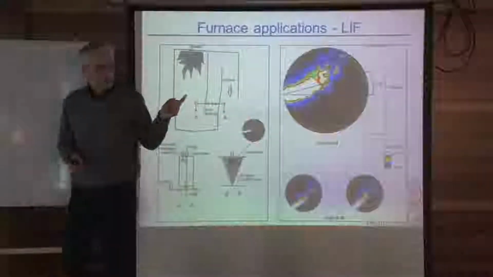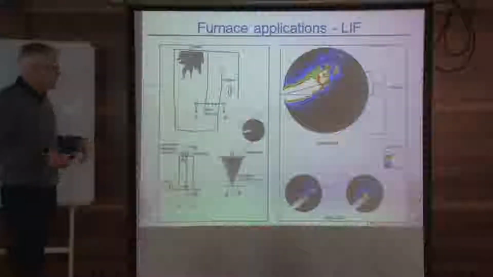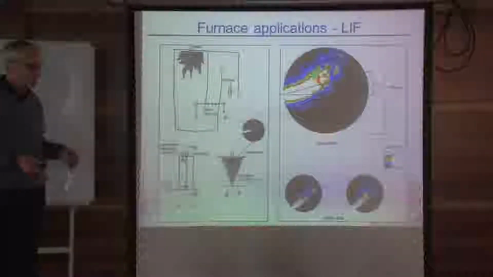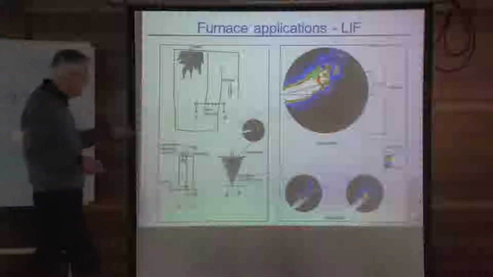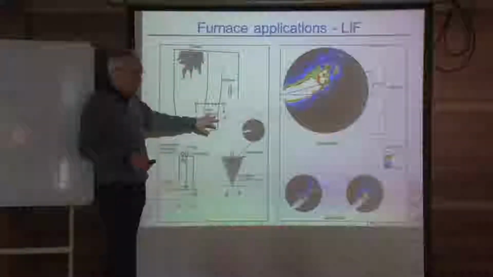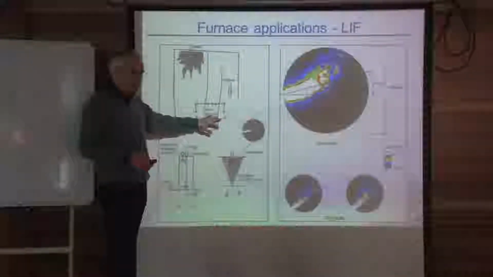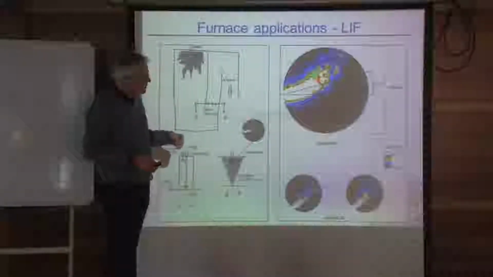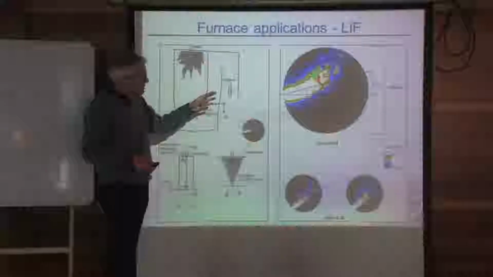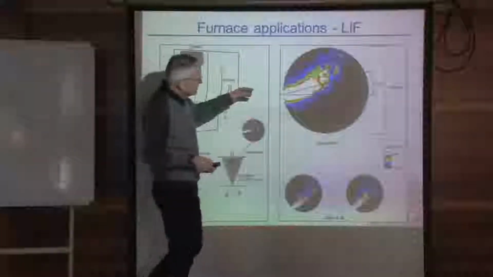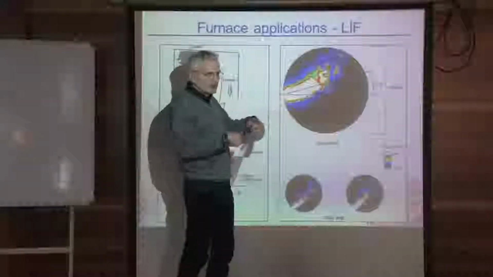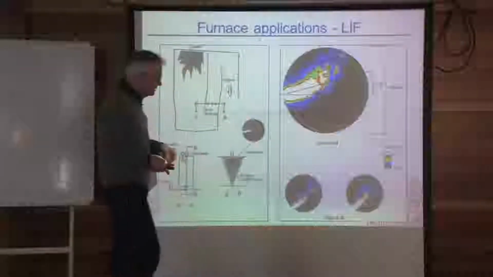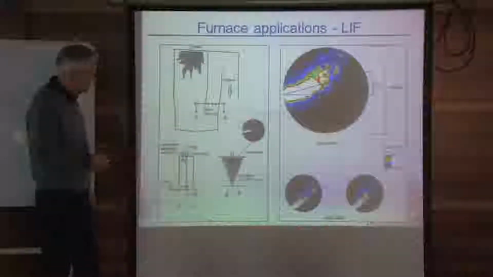Once again, these are for demonstration purposes, that these techniques can be used also in big, large-scale furnaces, together with modeling to see where this liquid is introduced, when it disappears, and how you could optimize this.